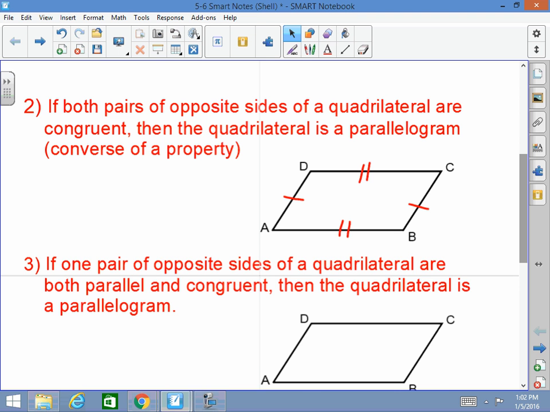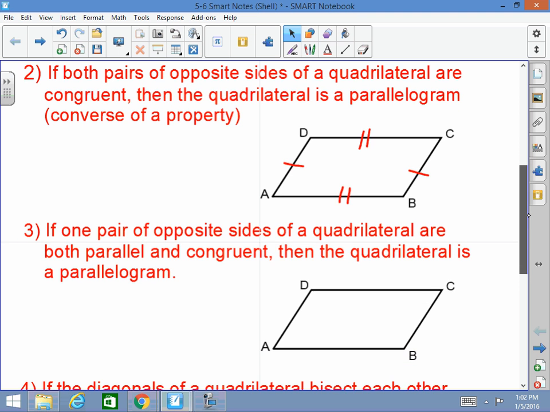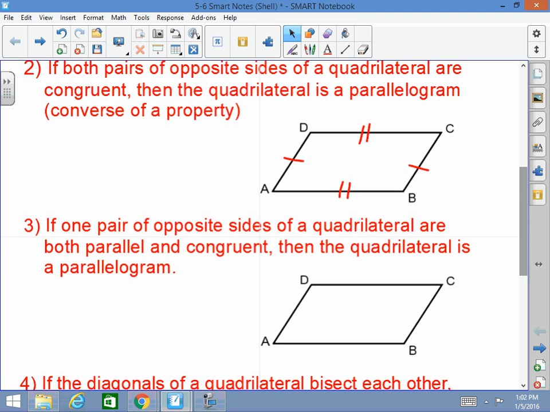Make sense? Number three, if one pair of opposite sides of a quadrilateral are both parallel and congruent, then the quadrilateral is a parallelogram. So if I have just one pair of opposite sides that is parallel and congruent, that's a parallelogram.